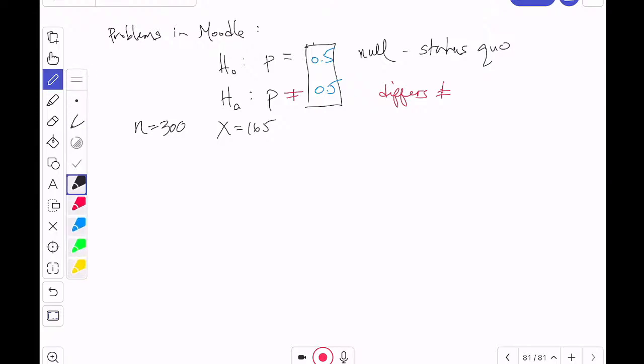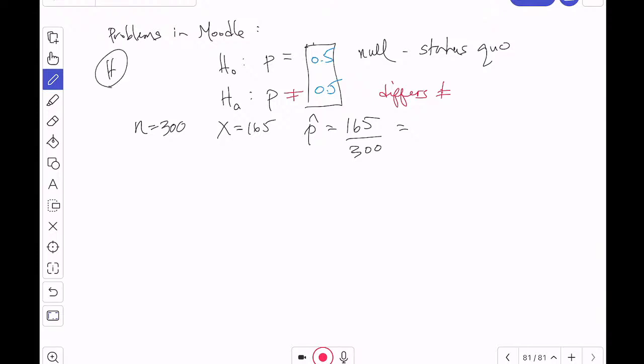So the number who support is 165, but the sample proportion who support is 165 out of 300. So this is H, and now we assume H naught is true.